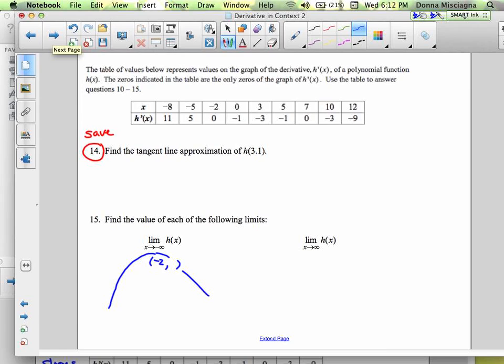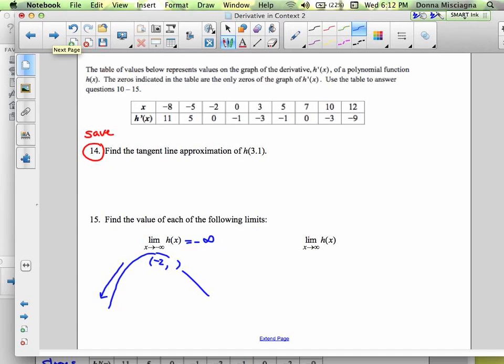If we're looking at the limit as x approaches negative infinity, we want to know where the function is heading as the x values get smaller and smaller. Well, for this graph to have a positive slope as we look to the left, it must be approaching negative infinity. And that's what would give it those positive slopes.